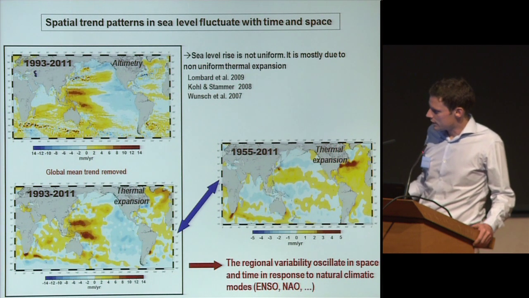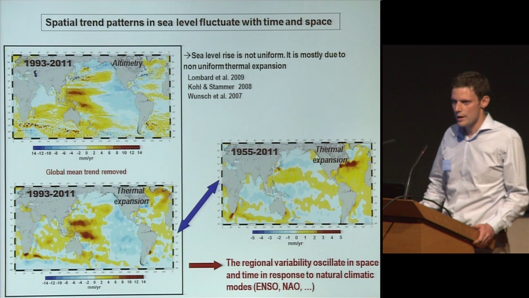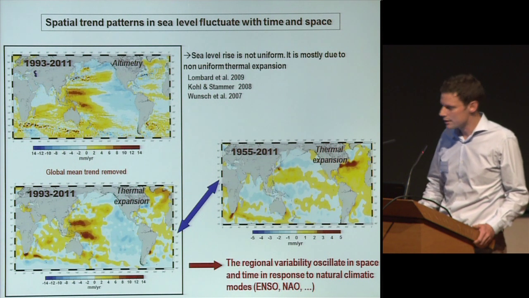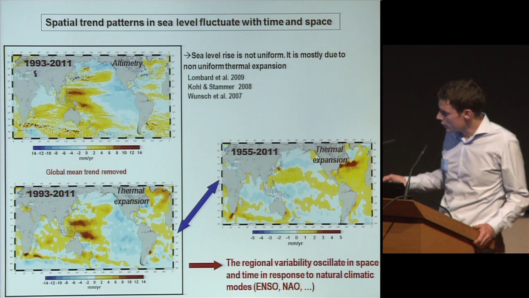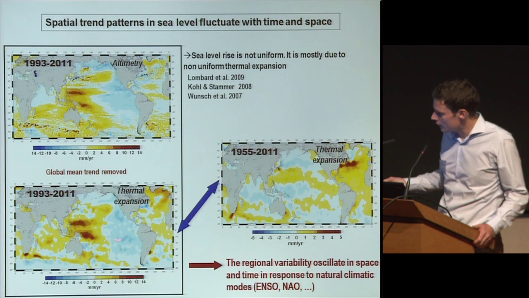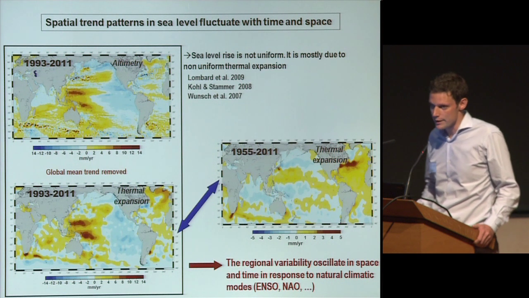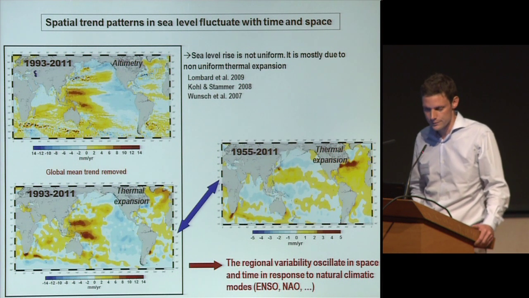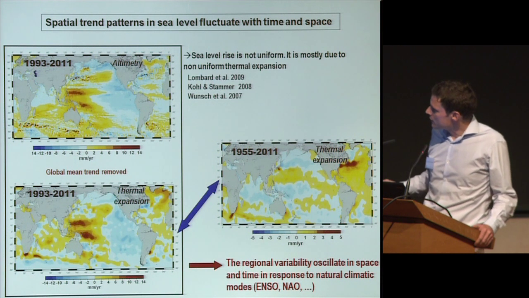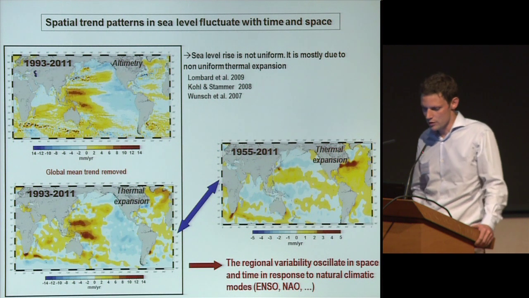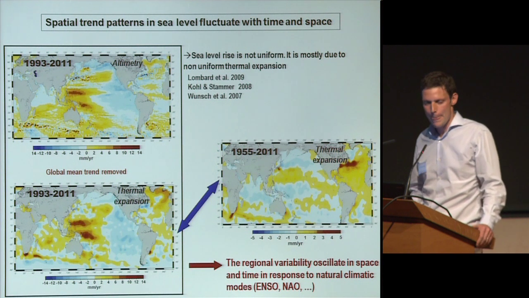I've plotted here the thermosteric sea level from temperature and salinity data of the World Ocean Atlas, and you can see that the thermosteric sea level explains most of the regional variability in sea level over the past 20 years. This result has been confirmed by studies based on models with assimilation, like the models of Detlef Stammer and Wunsch, or models without assimilation in the study of Lombard and colleagues.